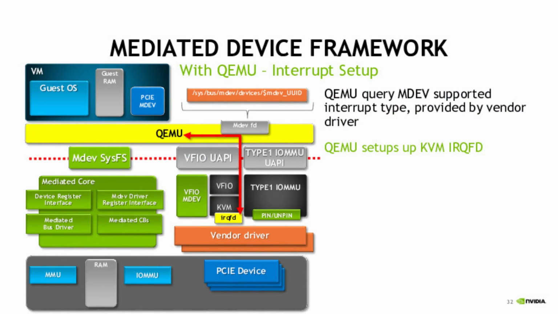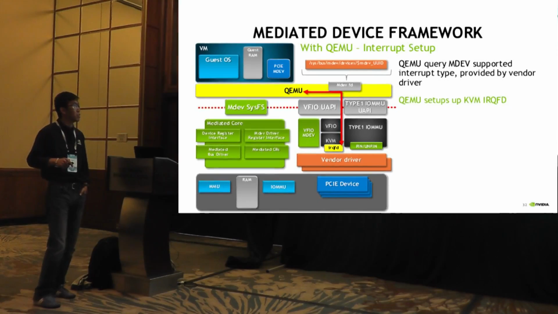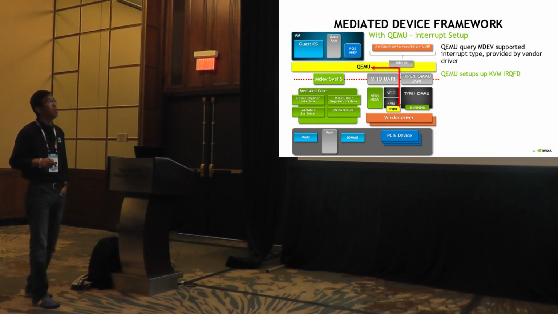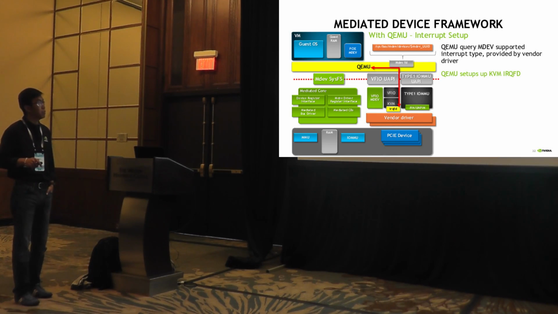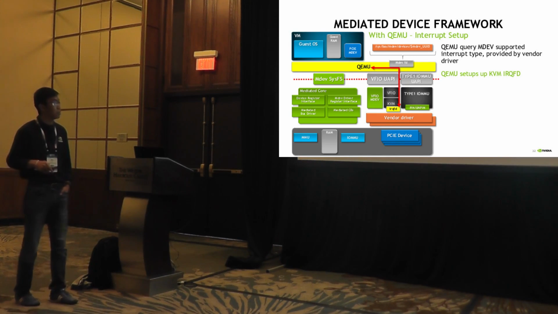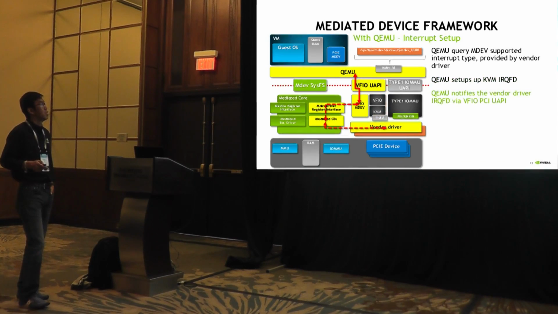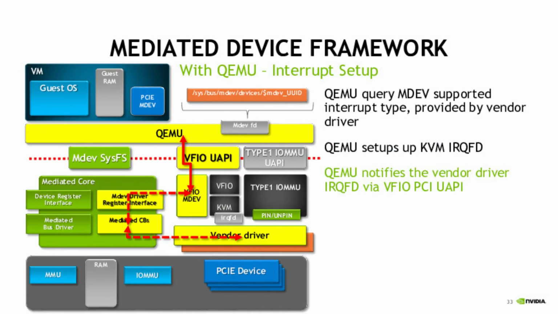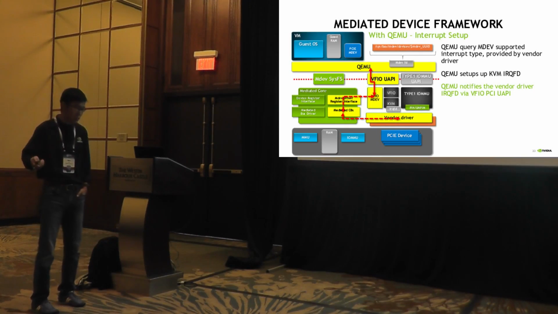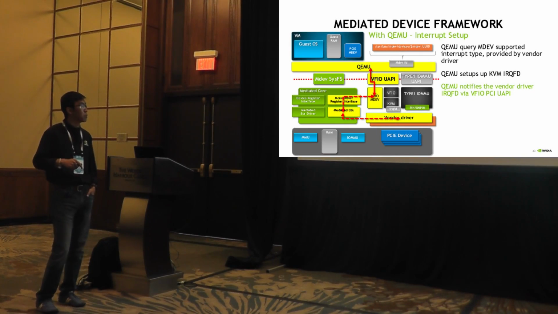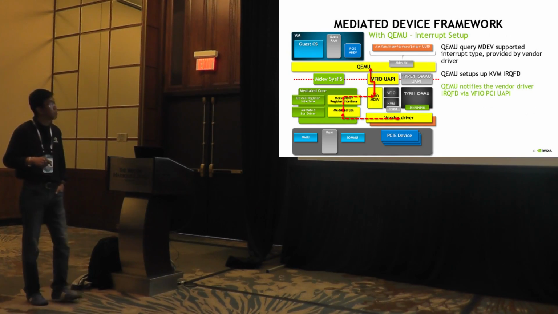Then QEMU, as I think Alex already talked about in great detail yesterday, will set up the KVM IRQFD and also set up the event FD, then hook them together. Then QEMU will notify the vendor driver of the IRQFD via the VFIO PCI user APIs. That also will be sent to the vendor driver through this callback.